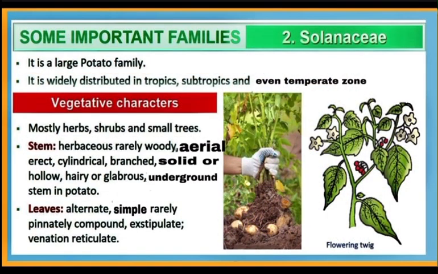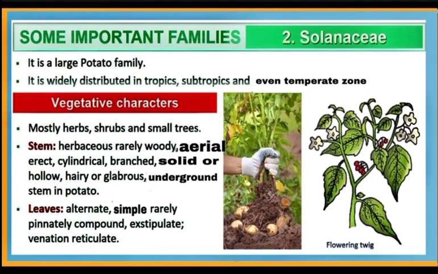Come to the second family, Solanaceae. It is a large potato family. It is widely distributed in tropics, subtropics and even temperate zones. Now come to vegetative characters of plants of this family. Mostly they are herbs, shrubs and small trees. Stem is herbaceous, rarely woody.